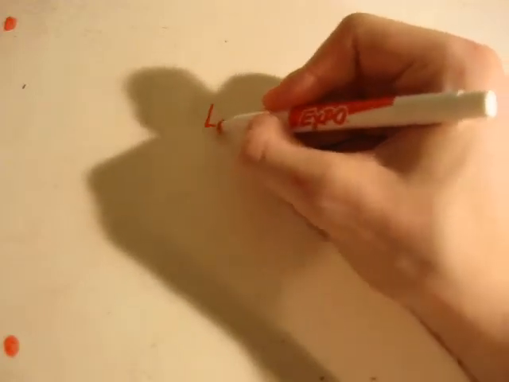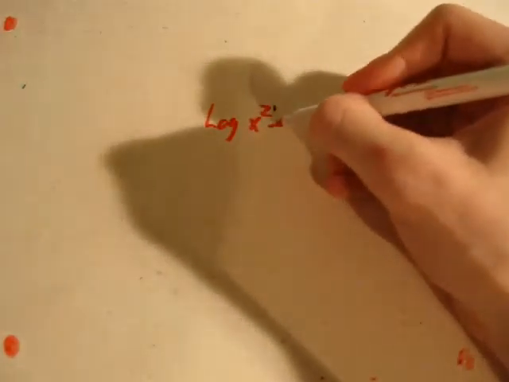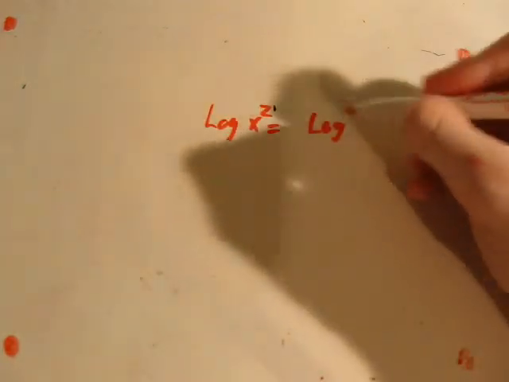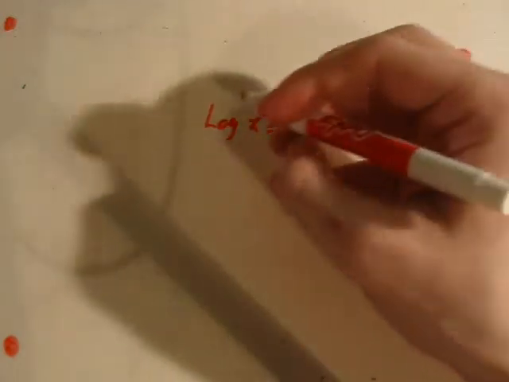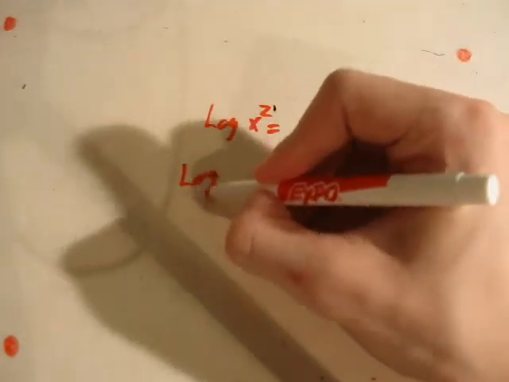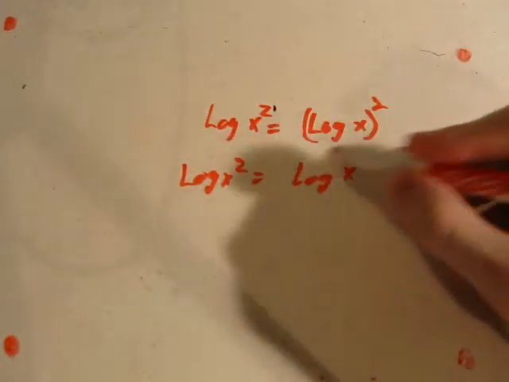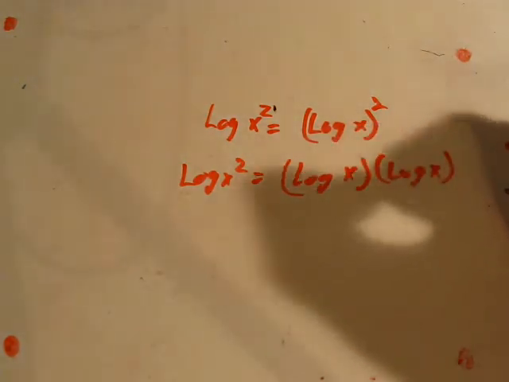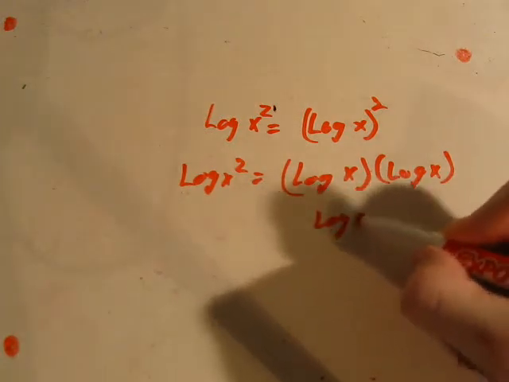If you've got logarithm of x squared equal to log x squared, this becomes log x squared, and this is log x times log x. So that becomes log x squared.